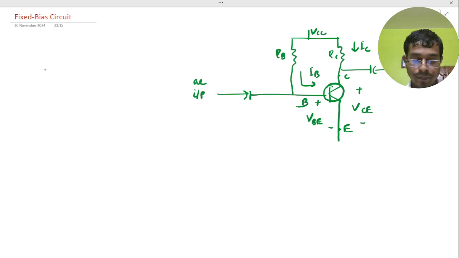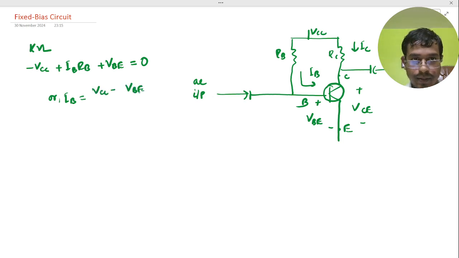method. And for the fixed bias method, we apply KVL here for a loop. We get here minus VCC plus the resistor voltage IB RB plus VBE should be 0, and basically the base current would become VCC minus VBE divided by RB.